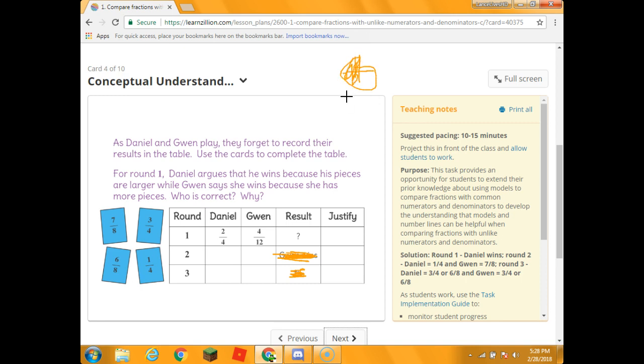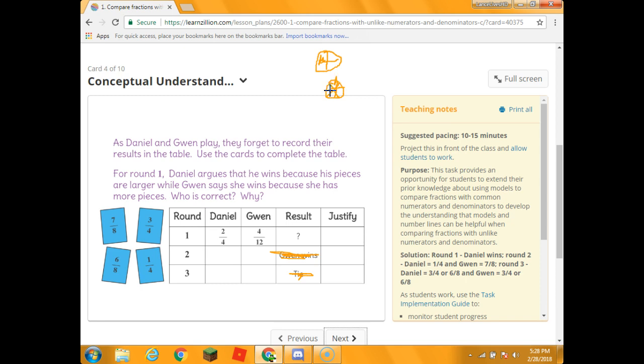So 1/2 and oh jeez, this. I don't know how to make the 12ths in a circle. So I'm just gonna simplify it to 2/4 and 2/6. So 2/4 and 2/6.